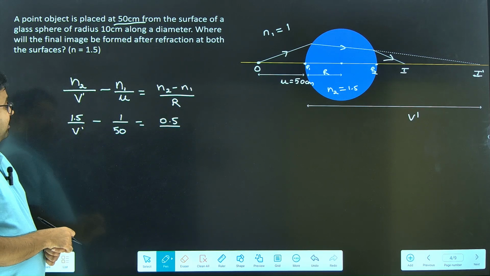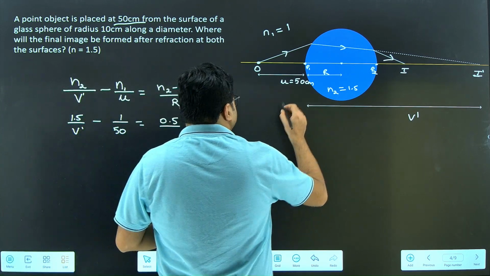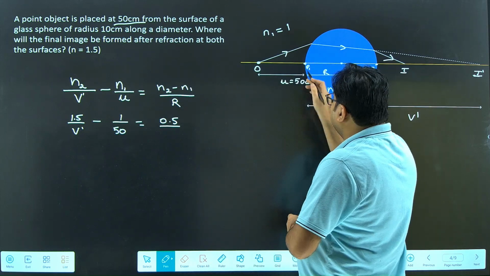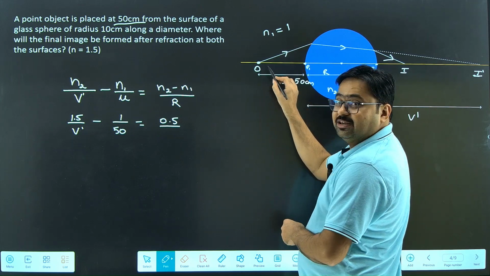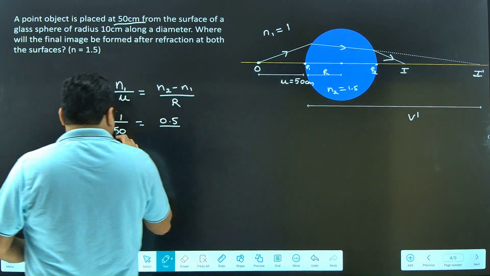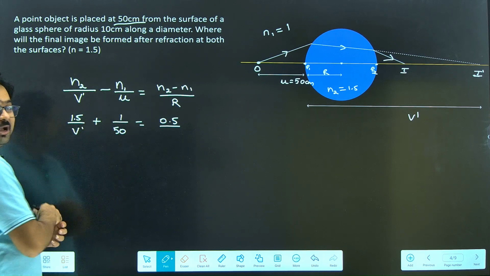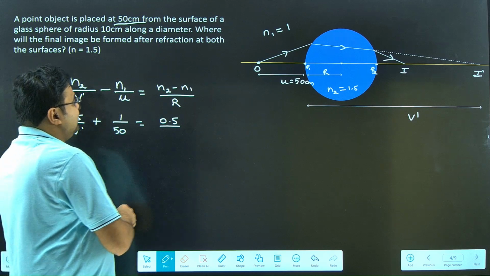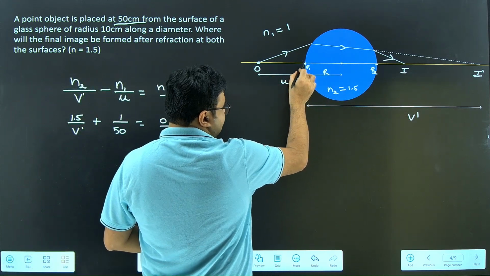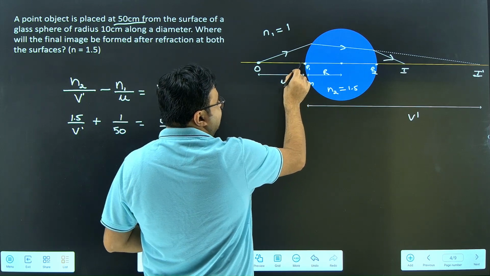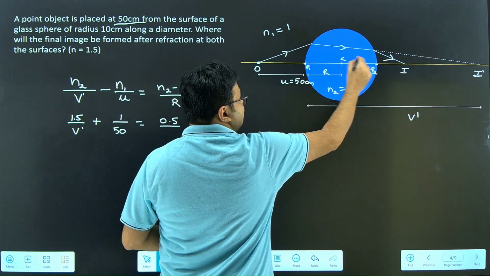One must be very well aware of sign convention. Now when you write U, my dear friends, U is an object distance. It is measured from the pole. When you measure it from the pole, you have to measure that distance in the opposite direction of incident light. So U, which is 50 in this case, will pick up a minus sign. Minus into minus will become plus. Right? And the radius of curvature is measured from the pole as well. From the pole, if you head towards the center, you are going in the direction of incident light.